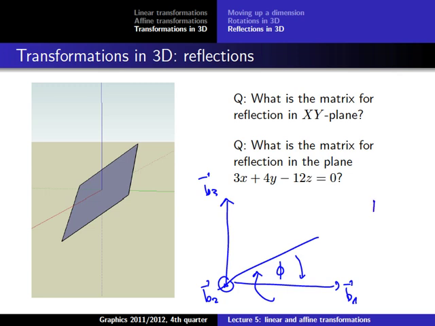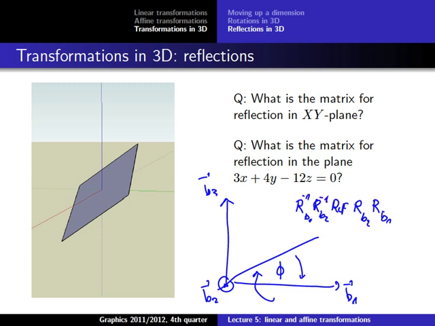First you rotate everything to b1, then you rotate everything in line with b2, then you do the reflection, then you rotate it back, then you rotate this one back, so I have to use the inverse matrix here, and then you have it.